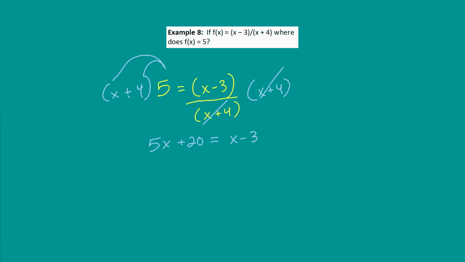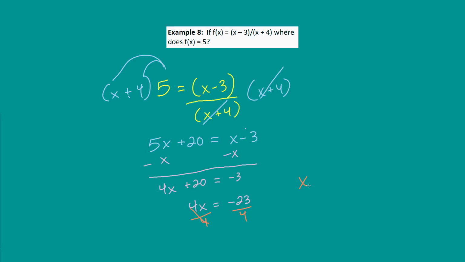Let's subtract the x on both sides. That's going to be 4x plus 20 equals negative 3. Subtract the 20 over, you get 4x equals negative 23. Remember, when you subtract, subtract. And then finally, we'll just solve it by dividing by 4.